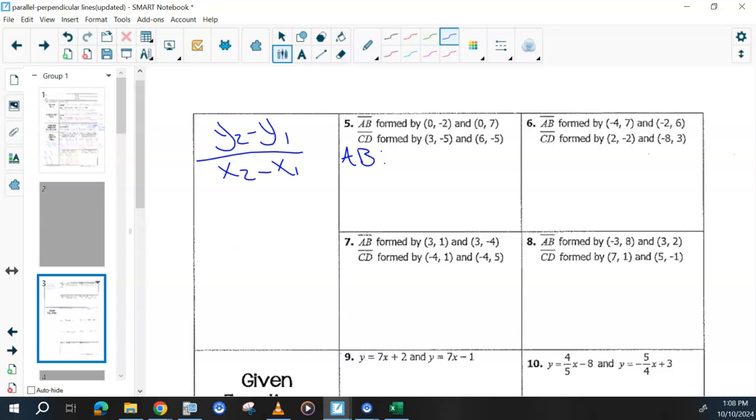Okay, let's find the slope of AB. Over 0. We'll come back to that. And then for CD, what would that slope be?